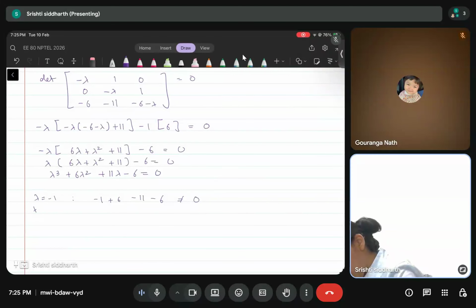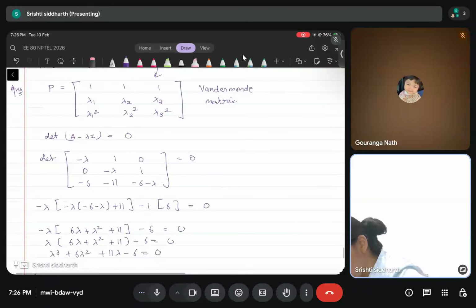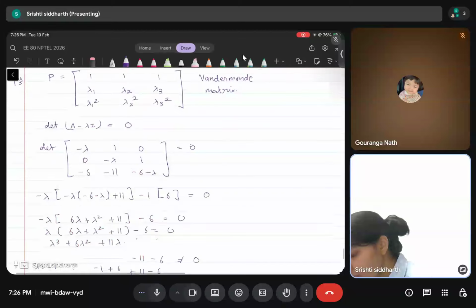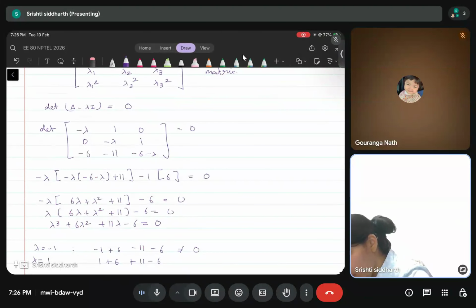If we put lambda equals 1, 1 plus 6 plus 1 minus 6, this is also not 0. So let's check if we have calculated the characteristic equation correctly.